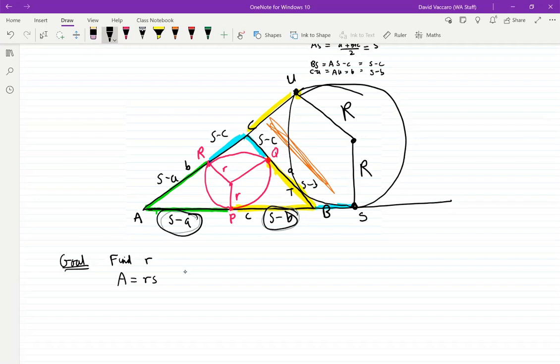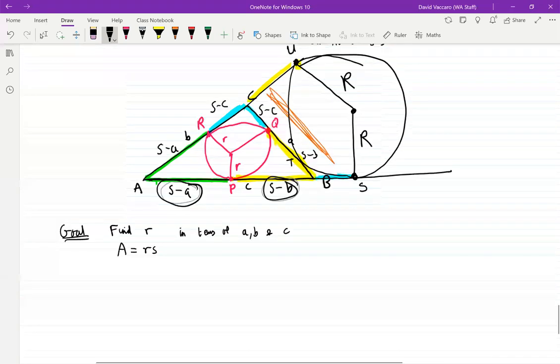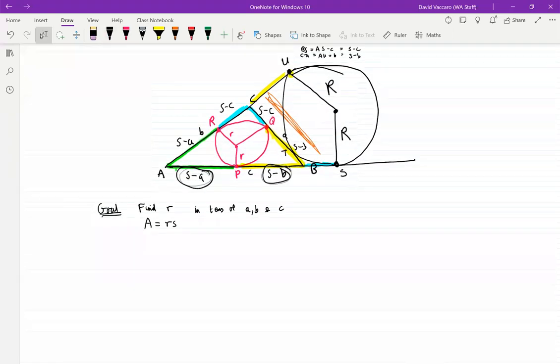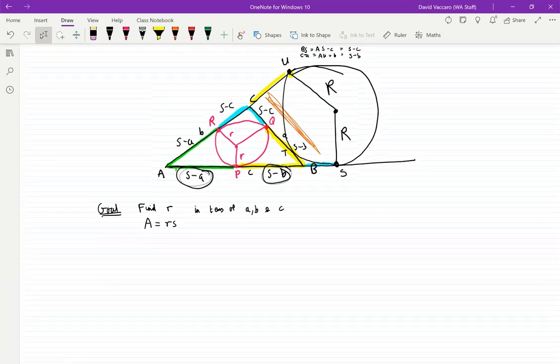And I'd like to find little r in terms of A, B, and C. So I'm going to find little r by finding various similar triangles.